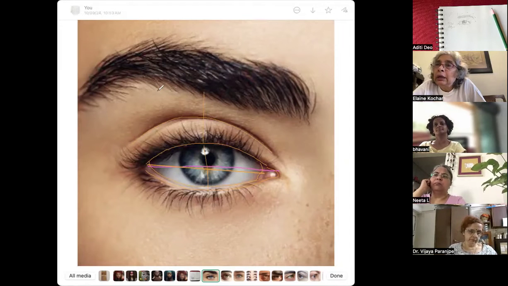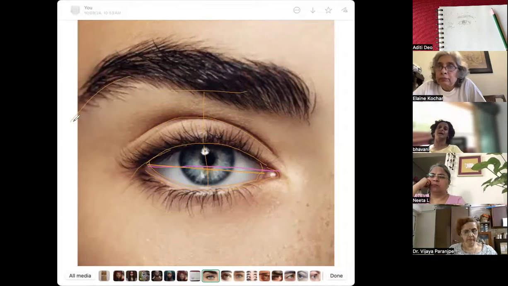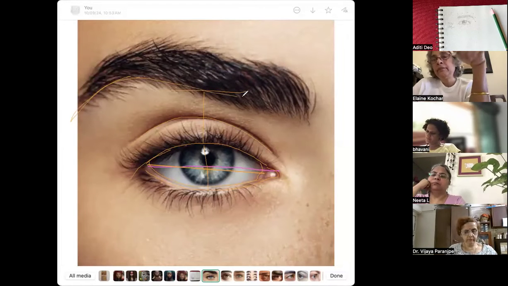Coming over here, if I were to draw a line like this, it gives me the ballpark of where I can draw the eyebrow. Now, to draw the eyebrow, again from the outside, you will notice that this is almost concentric to the shape of the eye itself on this side. But then the line comes down. All these angles can be figured out.